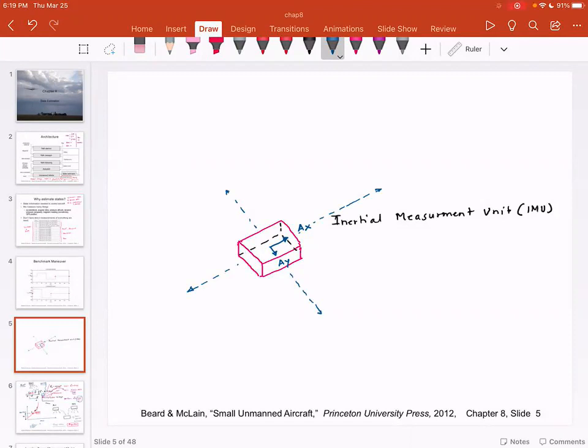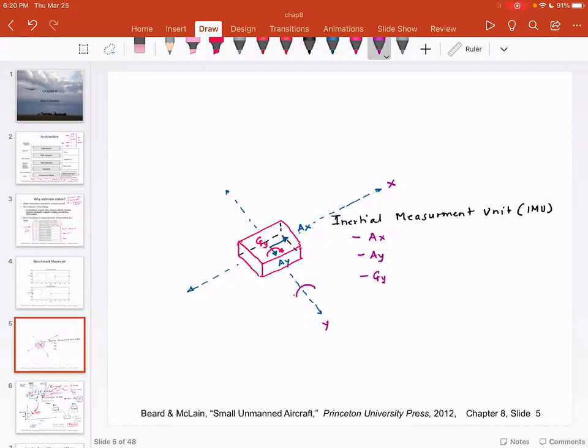In addition to the accelerometers, there is a gyroscope around this axis. I'm going to call this GY. This inertial measurement unit has an interesting property. It has an accelerometer in X direction, sensitive direction is X. Let me show this is X. Sensitive direction is Y, so it has AY, and it has GY.